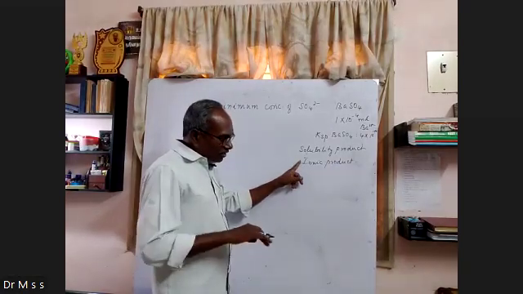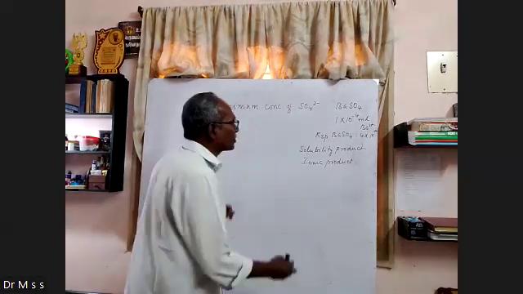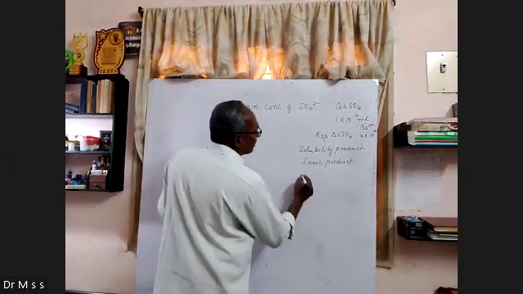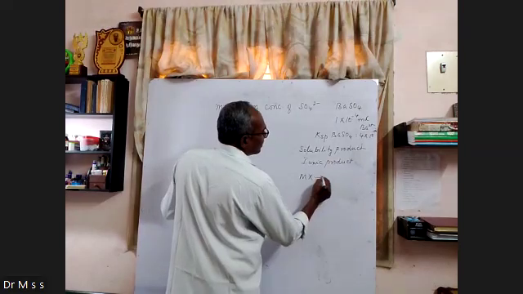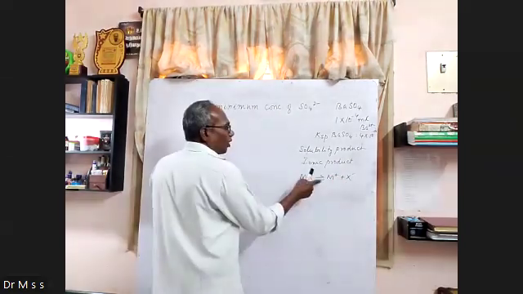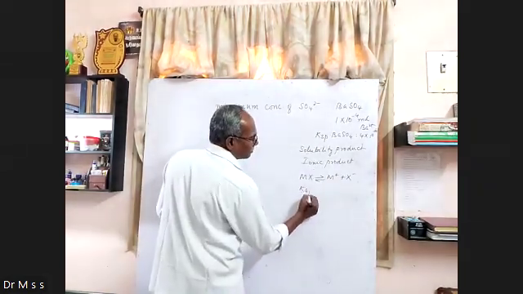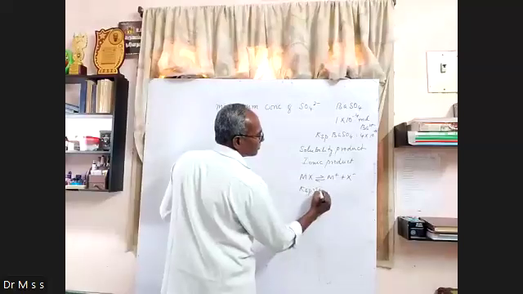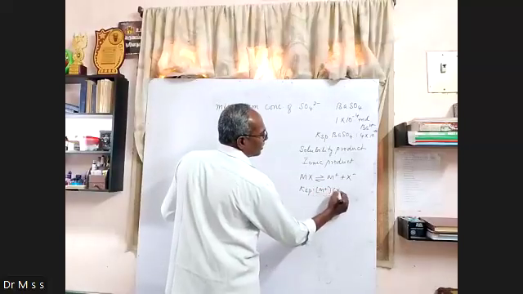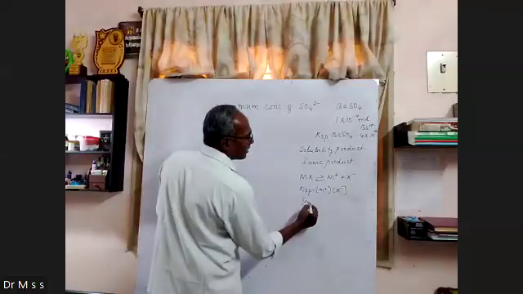Ionic product is when the ions are present, not the equilibrium established. Now watch closely. Once the equilibrium is set, it is KSP. Before or after the equilibrium is set, it is ionic product.